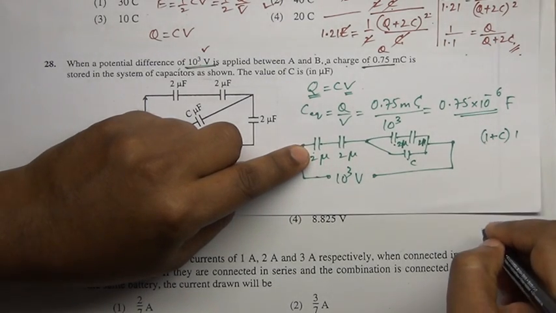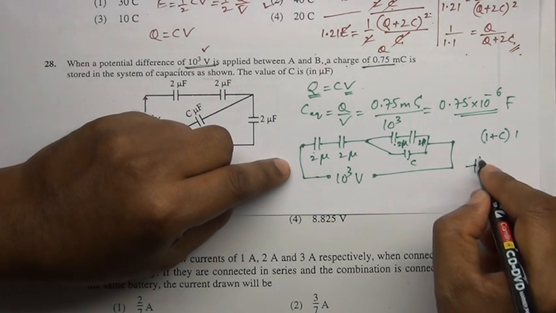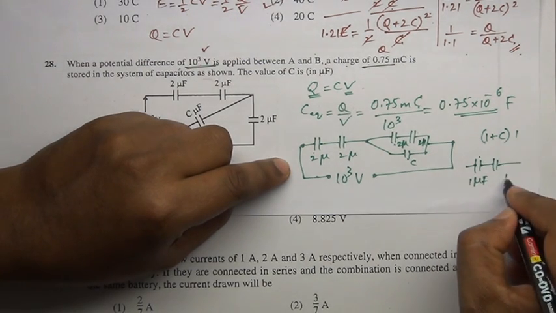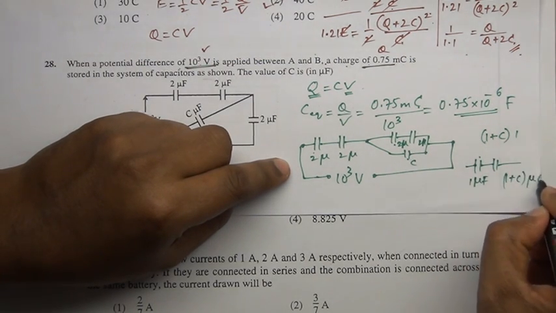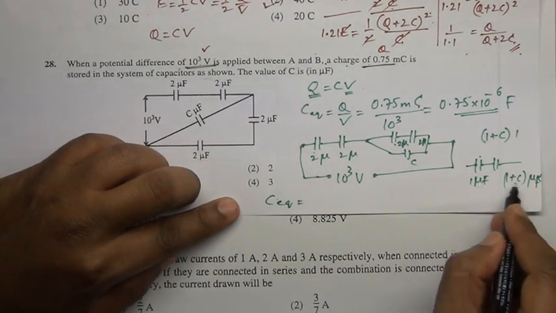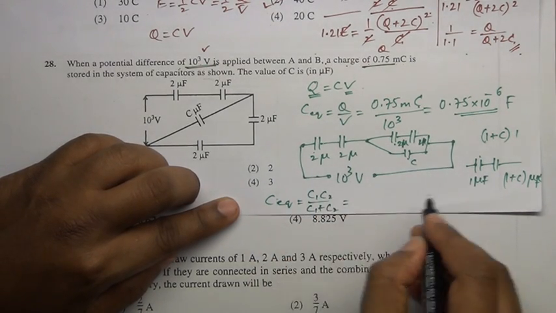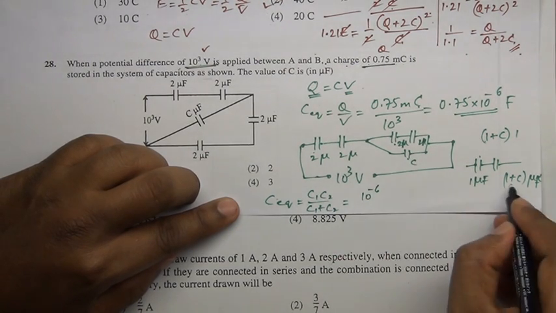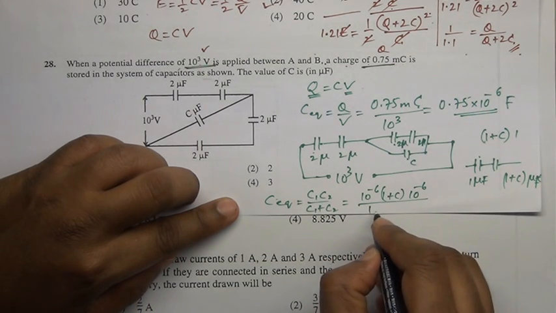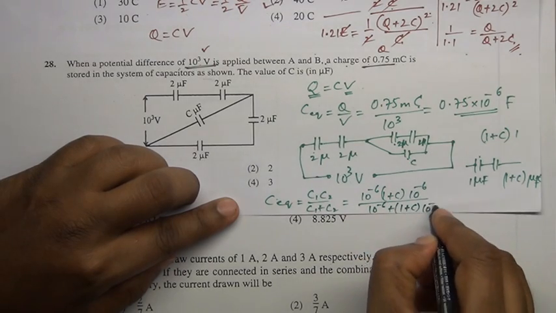So 1 microfarad is in series with 1 plus C microfarad. C equivalent equals, since these two are in series, C1 C2 by C1 plus C2. In this case, 1 microfarad into (1 plus C) microfarad divided by 1 microfarad plus (1 plus C) microfarad.